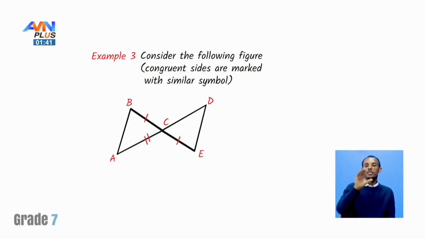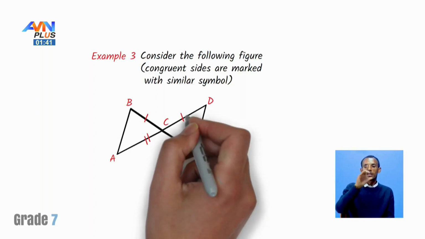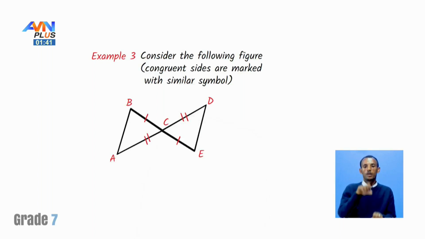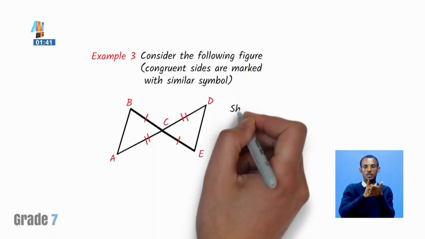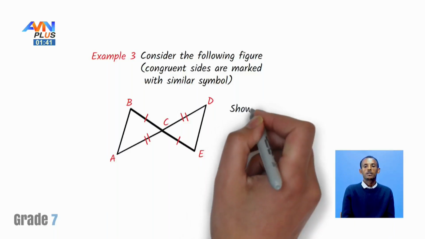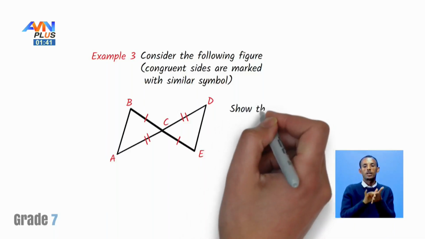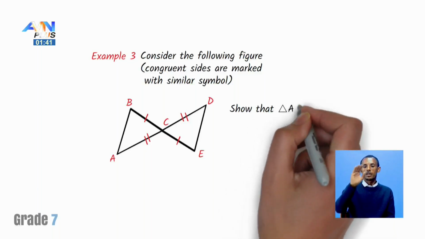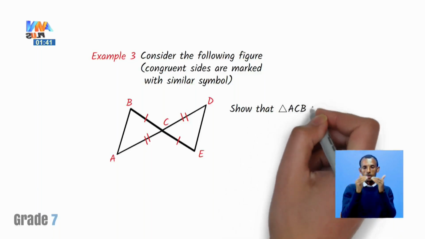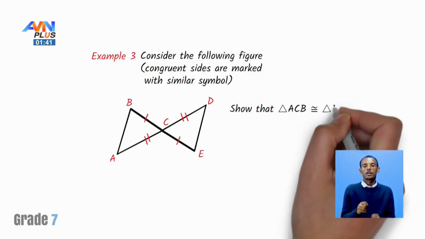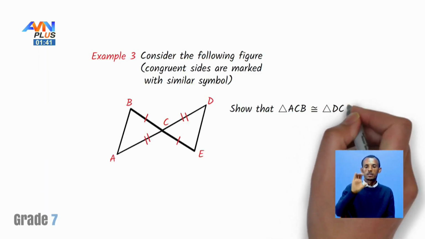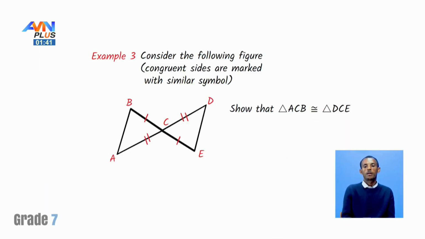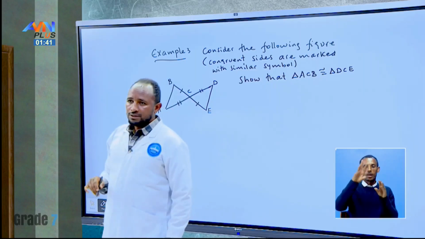Again, this side AC is congruent to side CD. So show that triangle ACB is congruent to triangle DCE. I will give you 30 seconds for this.